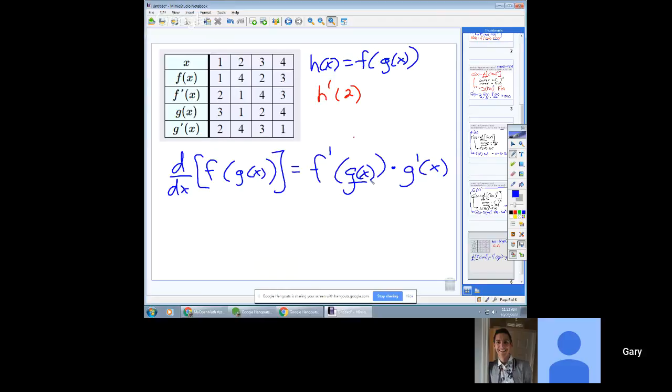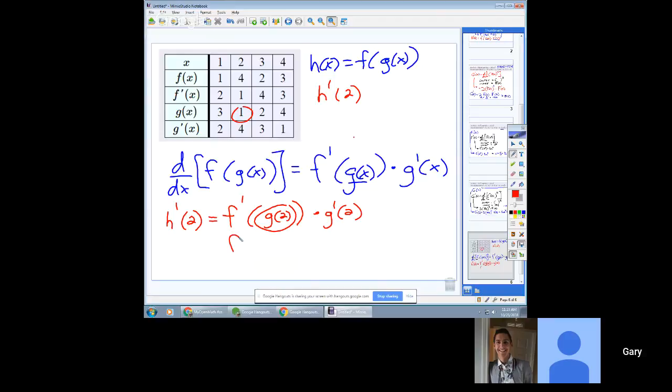So then to get h prime of 2, I just throw 2's in there and follow the chain of events, see where it leads me. So f prime of g of 2 times g prime of 2. So first we've got to find g of 2. That's 1. So g of 2 is 1.